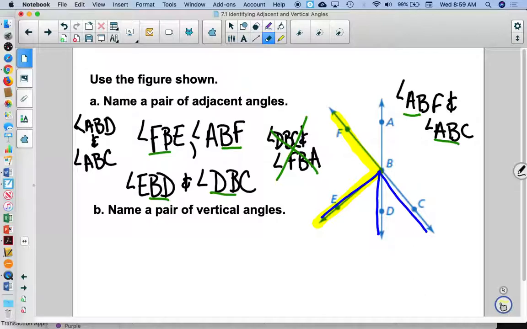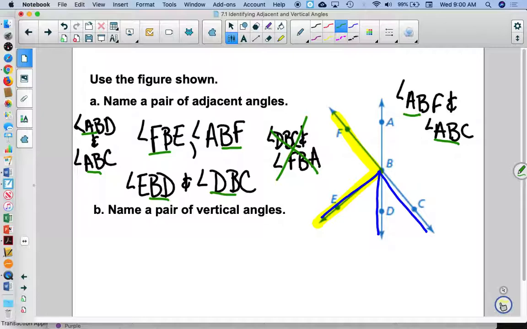Something's wrong with that one. ABD is a straight angle, is it not? And ABC, well, technically it would be adjacent angles because what side are they sharing? AB. So technically, yes, that is correct. AB and AB. Okay? So you see there are several there.